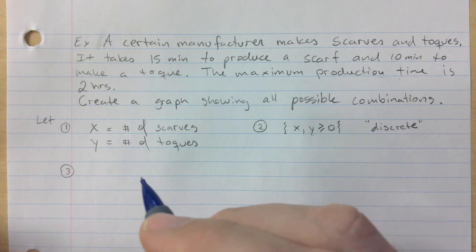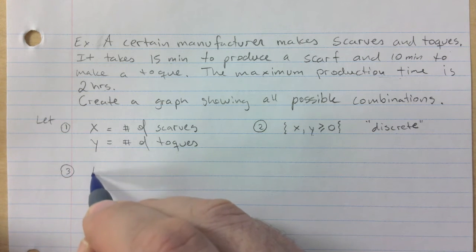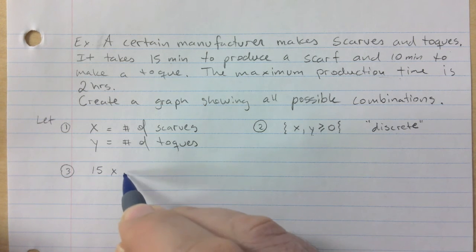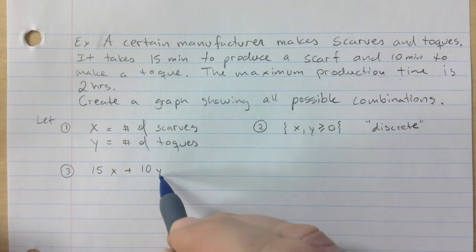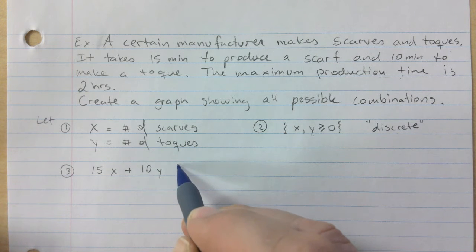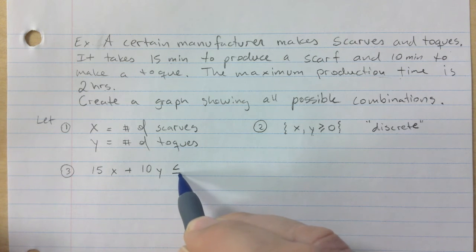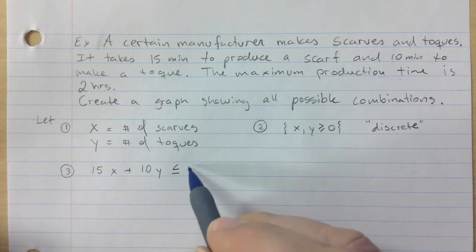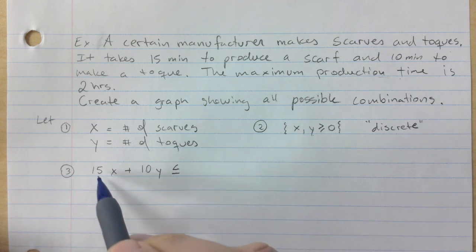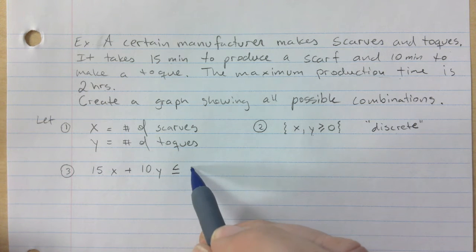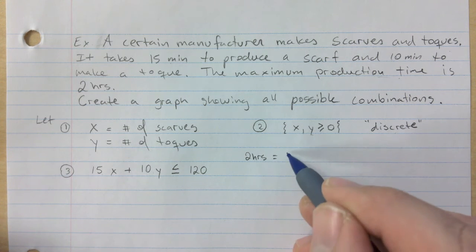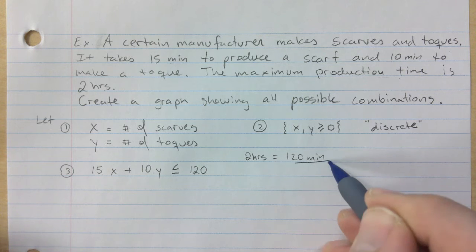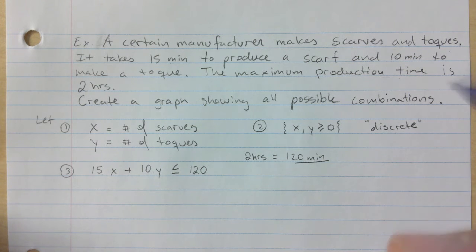So we'll say that if it takes 15 minutes to produce a scarf and 10 minutes to produce a toque, that would have to be less than or equal to, and we won't put down 2 hours. What would we have to put down? Because this is minutes, 2 hours would be 120 minutes, right? Just make a note here, 2 hours is 120 minutes. We need everything to be in the same units, right? So if they do grams and kilograms, make sure everything is in one unit, right?